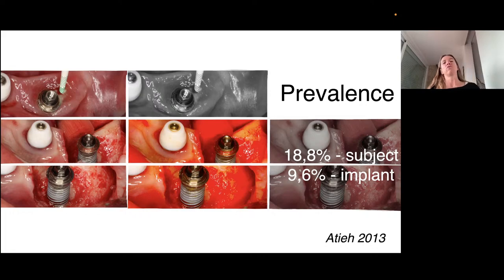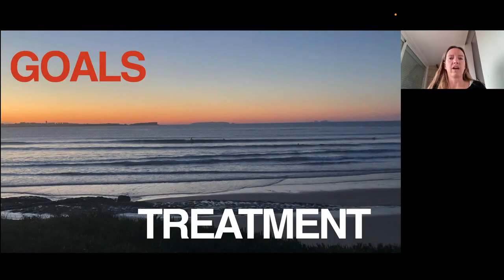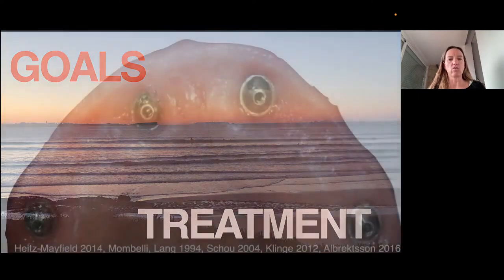So the secret for this is to try to avoid it, and for that the maintenance is the goal and is mandatory to avoid peri-implant disease, to avoid any biological complication, or to avoid any of the mechanical complications.